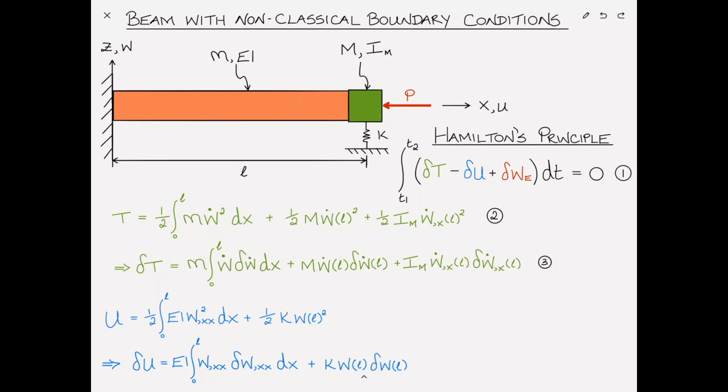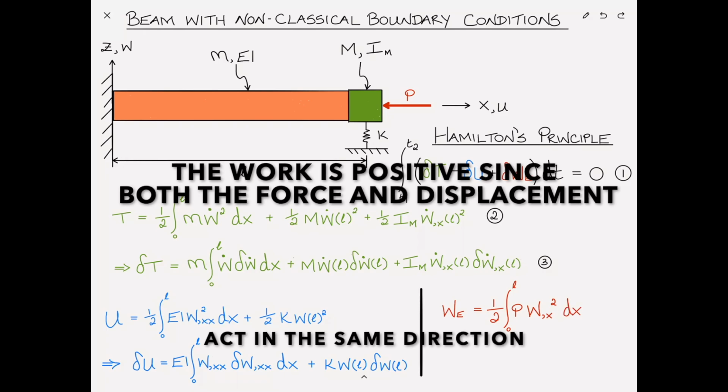And let me just draw a line here. I'd like to get the external work on the same page for convenience. The external work is a result of this load P acting on the foreshortening displacement. As the beam bends, the tip of the beam will move in the negative x direction. We've seen this in a previous problem. And the external work, which is the foreshortening work, can be written as P, which is just constant, times the foreshortening displacement, which is 1/2 the integral from 0 to L of w comma x squared dx.